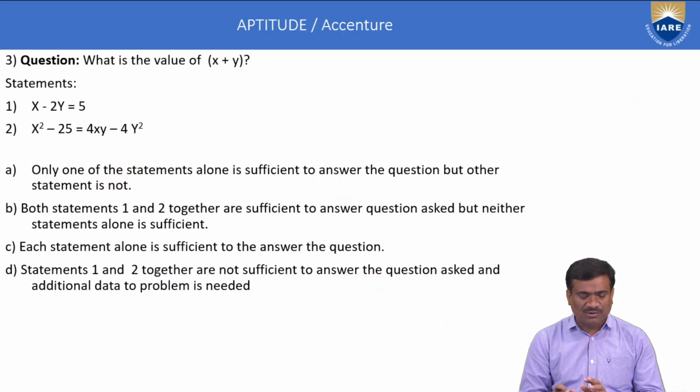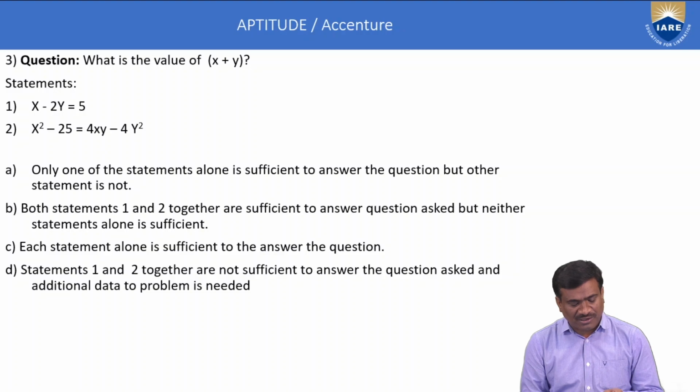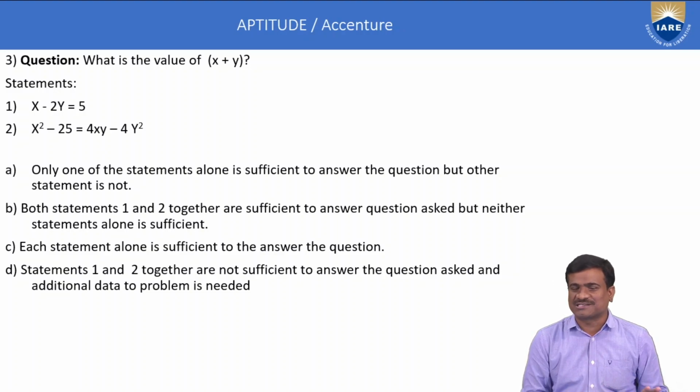Next, example number 3. What is the value of x plus y? Statement 1, x minus 2y is equal to 5. Statement number 2, x square minus 25 is equal to 4xy minus 4y square. Option A, only one of the statements alone is sufficient to answer the question, but the other statement is not.